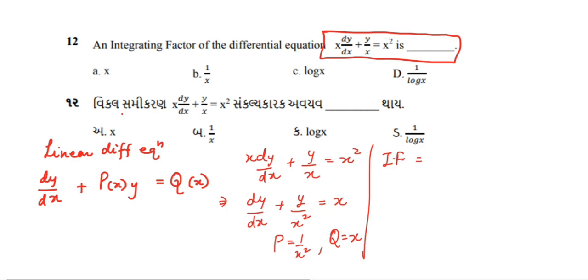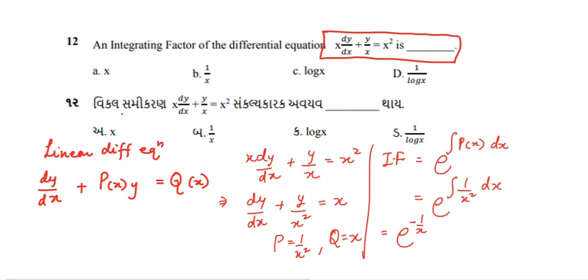And I know the integrating factor, there was a formula. If you are memorizing the formula, it was e to the power integration of P(x) dx. So here it is e to the power integration of 1 upon x square dx, and that will be e to the power minus 1 upon x.